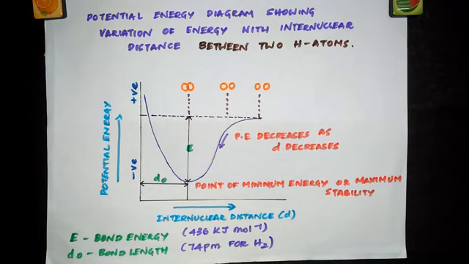So according to VB theory, based on the orbital concept, when two atoms come closer to each other, and if forces of attraction overcome the forces of repulsion, then they will form a molecule, or else they won't.